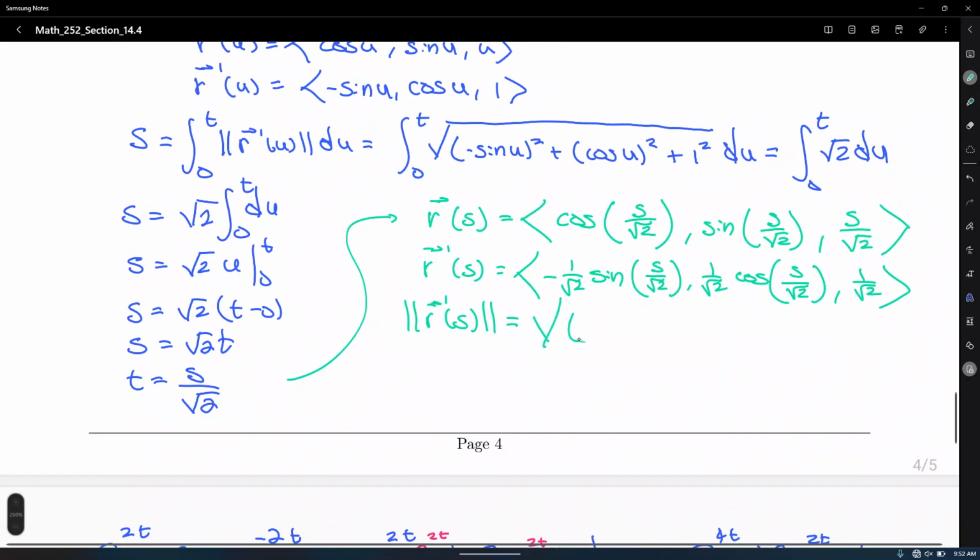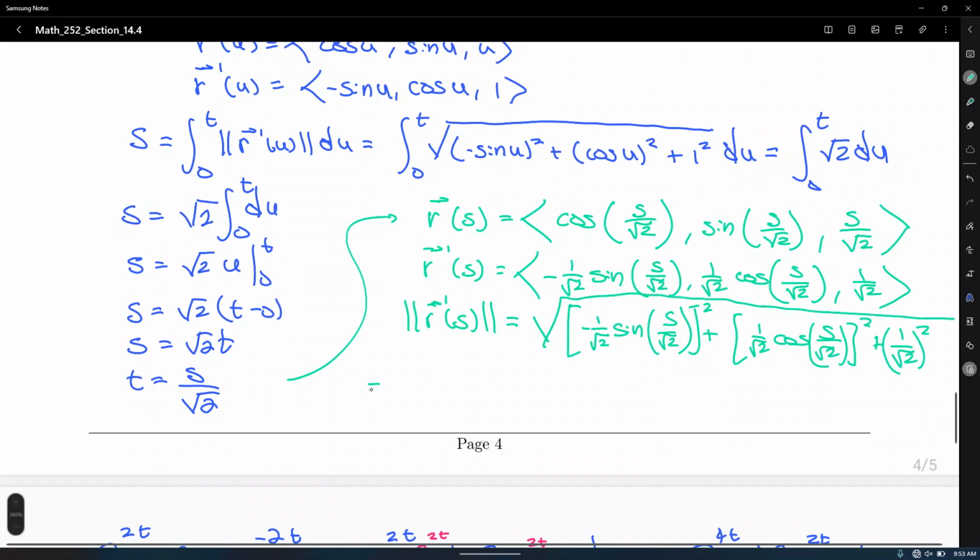So let's see. That's negative 1 over root of 2 sine of s over the square root of 2, all squared, plus 1 over root of 2 cosine of s over root of 2 squared, plus 1 over root of 2 squared. So, okay, negative 1 over root of 2 squared, that's 1/2, right?